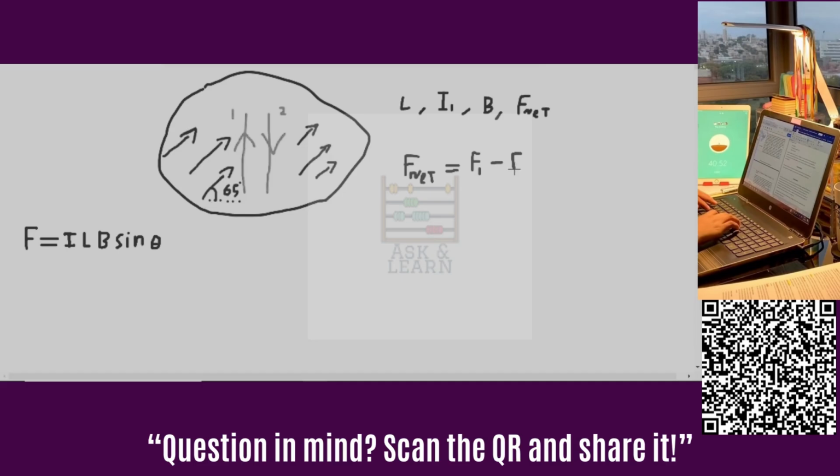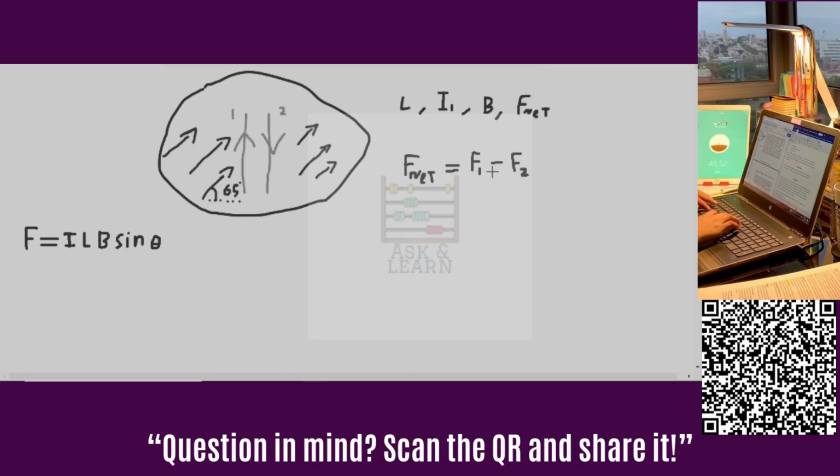The total force from the entire system is equal to the force from the first wire minus the force from the second wire. Okay, so now we have an equation that relates our net force to our individual forces.